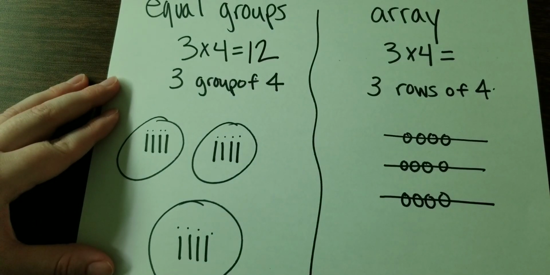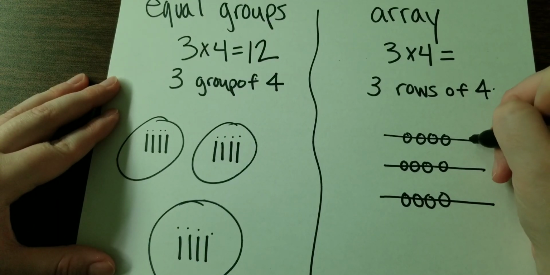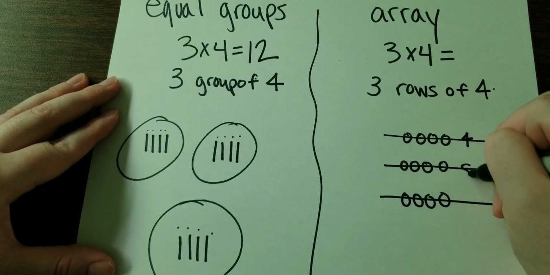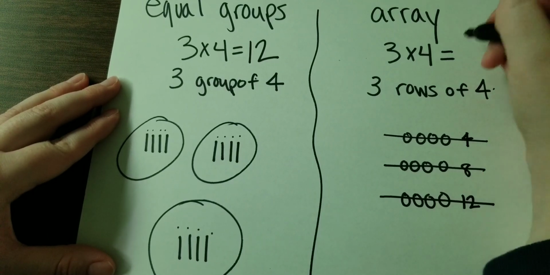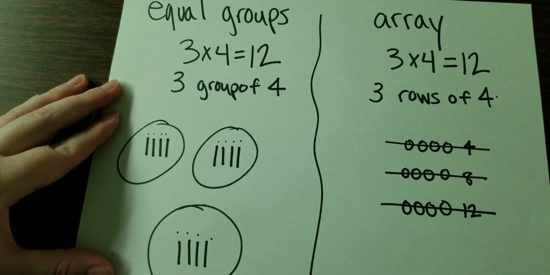Or, the more I count, the more I'm able to do skip counting. So I'm going to skip count by 4 on the array. 4, 8, 12. Looky there. Equal groups and arrays both help me get to the right product or the right answer. 3 times 4 is 12.